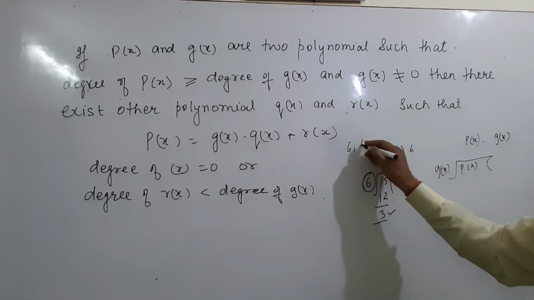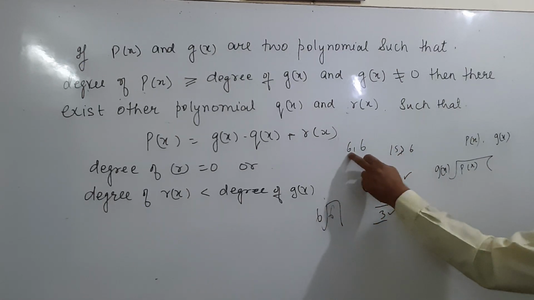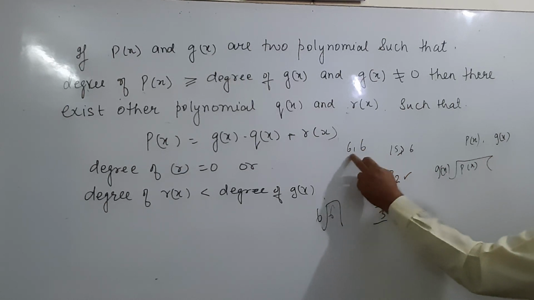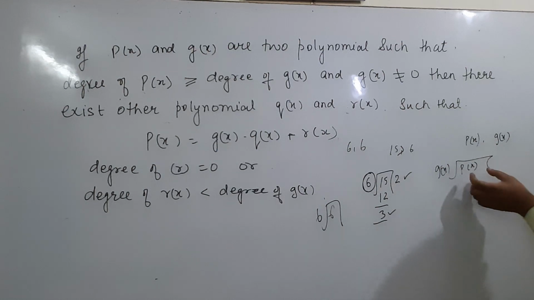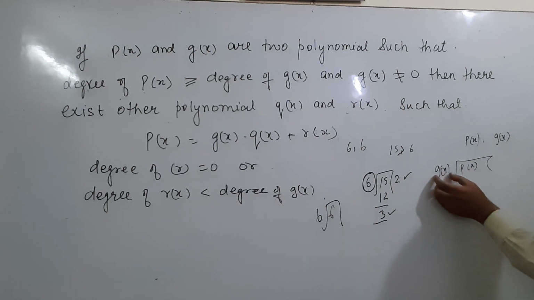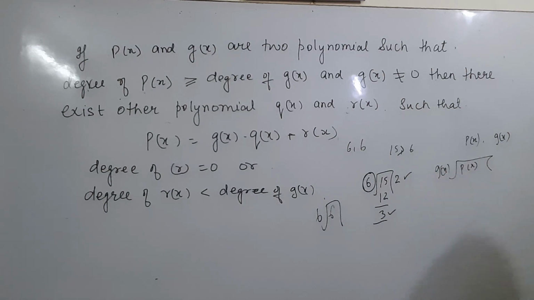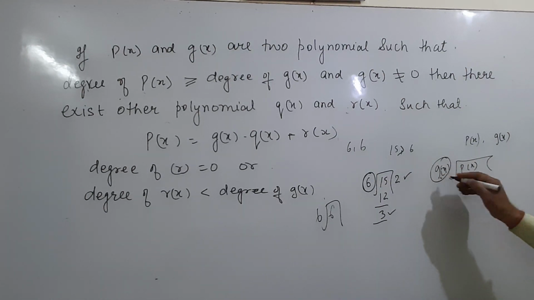Like 6 divided by 6. It means the value of dividend and divisor can be the same. But in case of polynomials, the degree of dividend is either equal to g(x) or greater than g(x). But g(x) is not equal to 0.